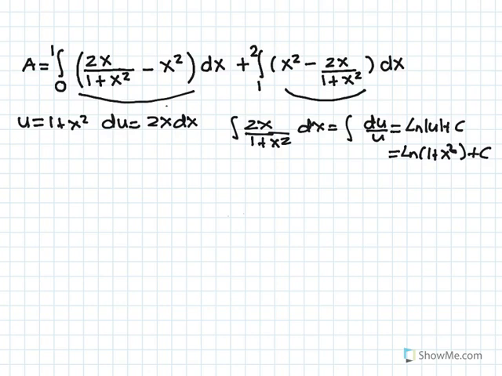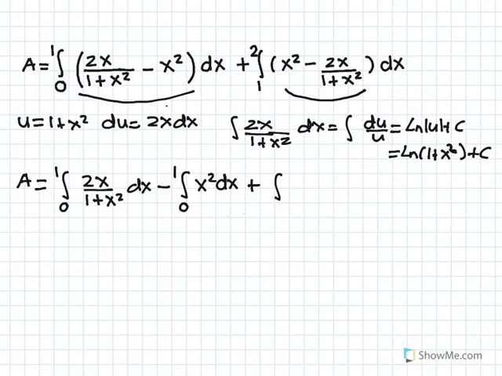All right, so the area is going to be, let's split up the integrals. Integral from 0 to 1 of 2x divided by 1 plus x squared dx, minus integral from 0 to 1 of x squared dx, plus integral from 1 to 2 of x squared dx, minus integral from 1 to 2 of 2x divided by 1 plus x squared dx.